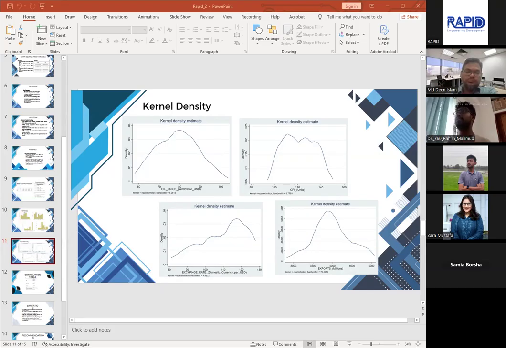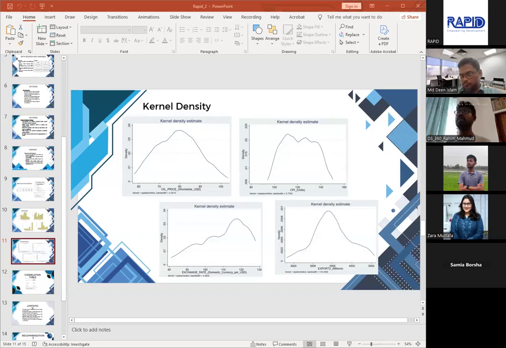These graphs help us determine whether the variables are normally distributed, positively skewed, or negatively skewed. This also allows us to compare the distributions of different variables more effectively. The kernel density plots support the findings from the histograms, providing additional confidence regarding the quality and characteristics of the data.